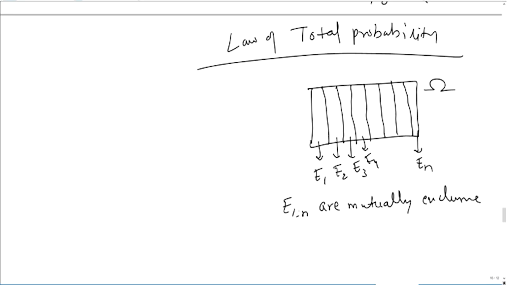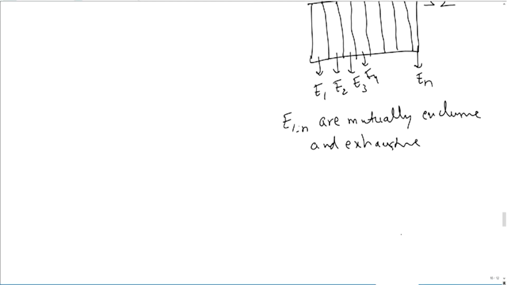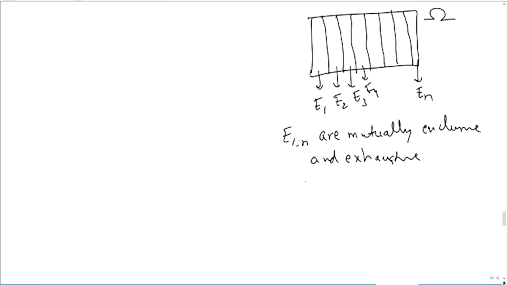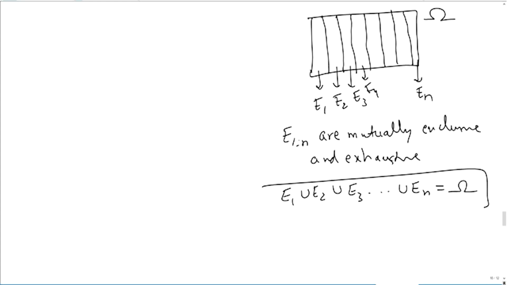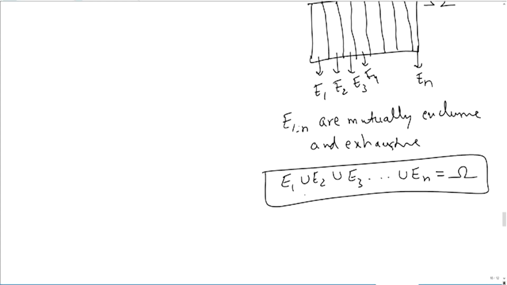Also, they are exhaustive. What exhaustive means is that if you take the union of all these events, E1 union E2 union E3 union En, then this would be your sample space. This is called the exhaustive property. So all these events are exhaustive as well as mutually exclusive. If you take their intersection, then this is an empty set.